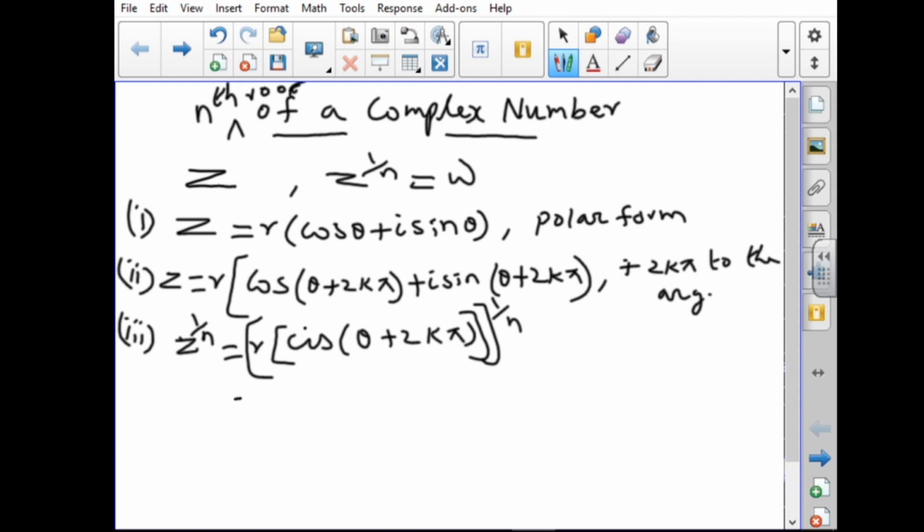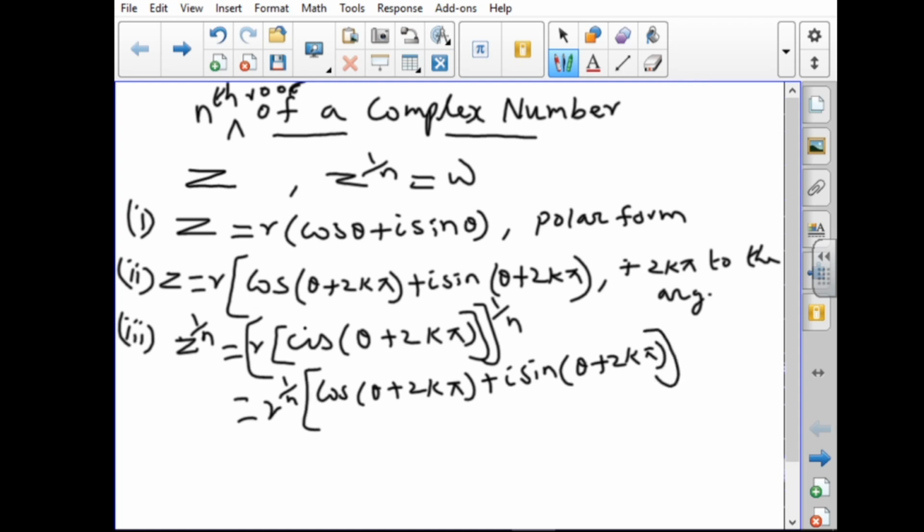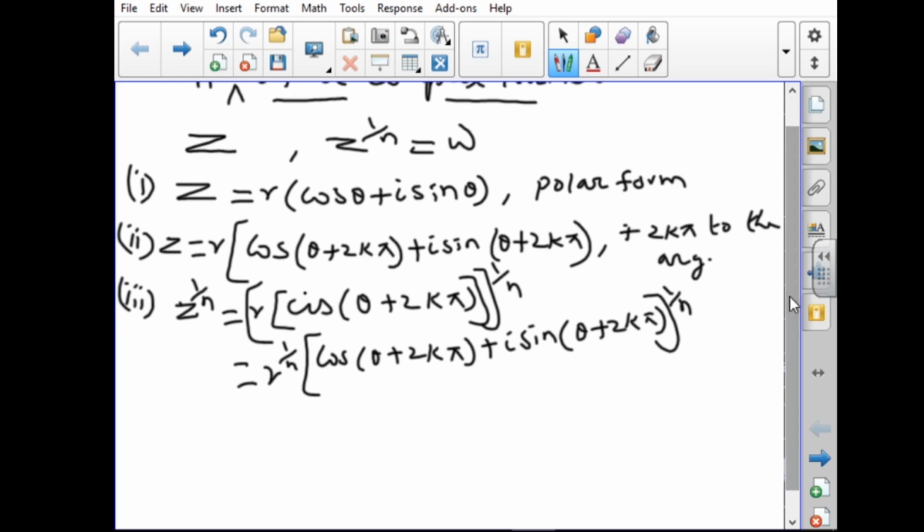So it is equal to r power 1 by n into cos theta plus 2k pi plus i sin theta plus 2k pi, the whole power 1 by n. Now we are going to apply De Moivre's theorem.